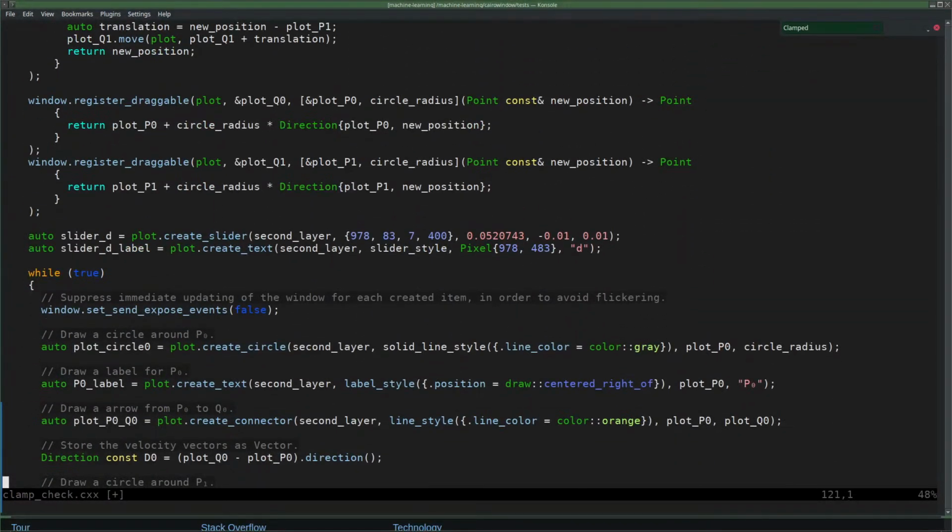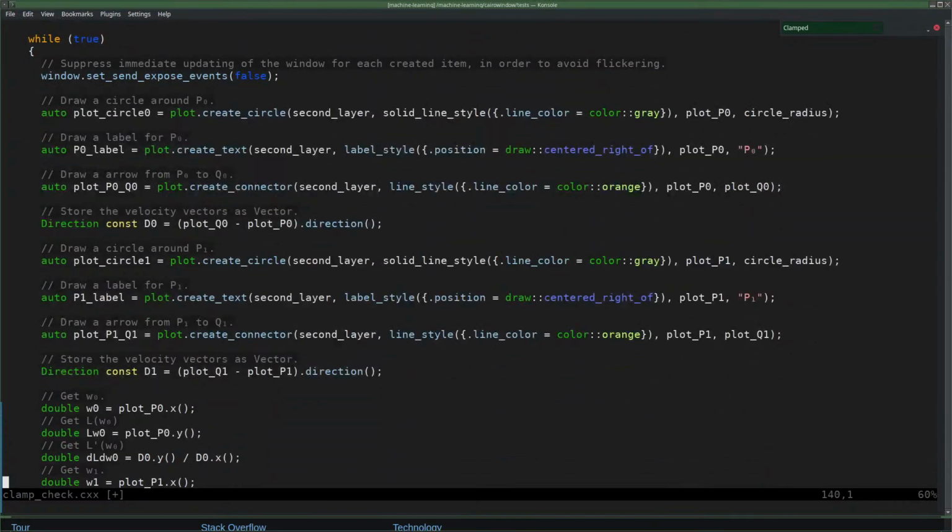Well, I can just drag my points around. What kind of comment is this? It's just a direction.